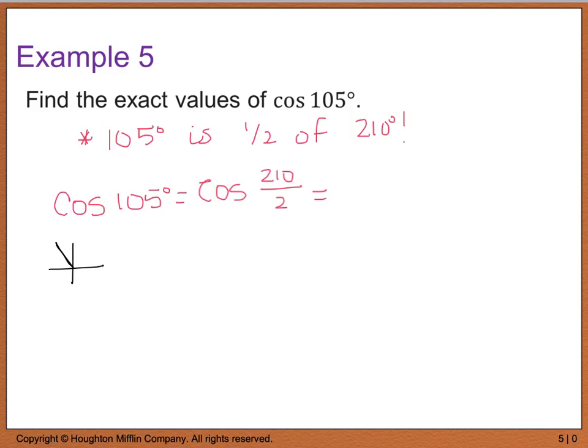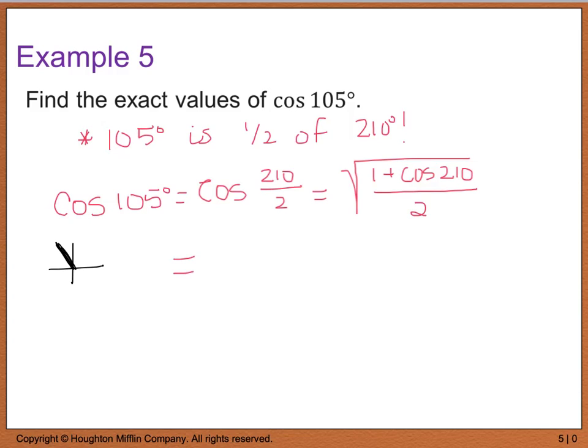Well, 105 degrees occurs in the second quadrant, which tells me that my cosine value is going to be negative, and we'll address that here in a second. So for now, I'm going to take the square root of 1 minus the cosine of 210. I apologize, that should be 1 plus the cosine of 210, divided by 2.